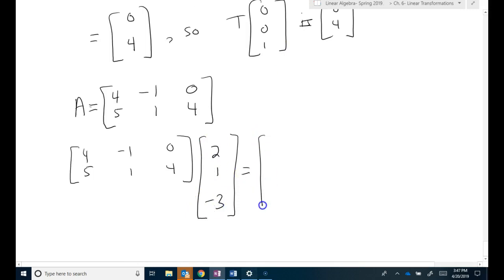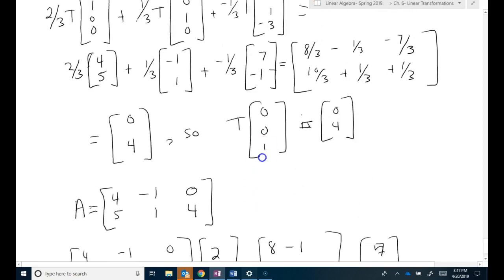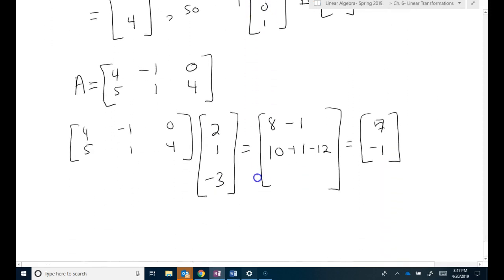That's going to equal 8 minus 1, and then 10 plus 1 minus 12, which will equal (7, -1). Just exactly what we thought we would get. That's what we originally defined. So there you go. That's demonstrating that.